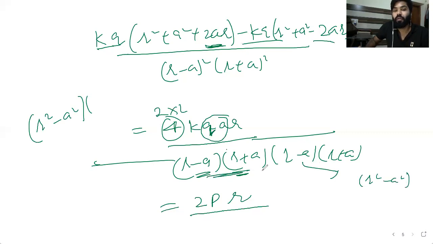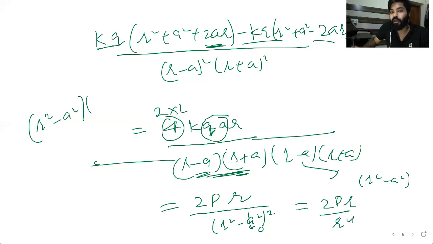So the denominator will be r square minus a square whole squared. When you apply the assumption that a is very small, you will consider a as 0, and you will have 2 times p times r over r raised to the power 4. I forgot to write k over here. Cancel out r with this r, and you are left with power 3, and you have the result 2 times k times p over r cube.